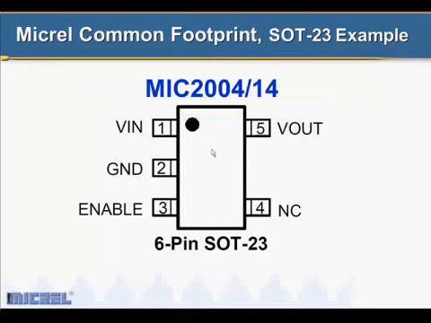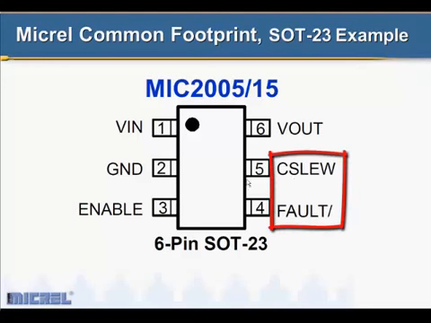If you were to use an MIC2004, you would now have an enable pin. Then going to an MIC2005 or the 2015, we add a C-slew pin. You still have the enable and a fault, but now you have the C-slew pin.